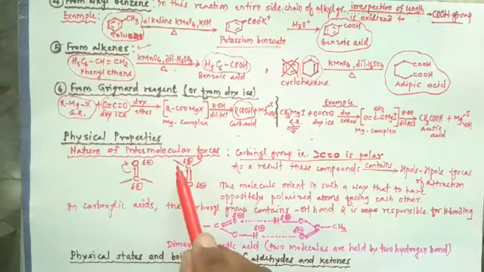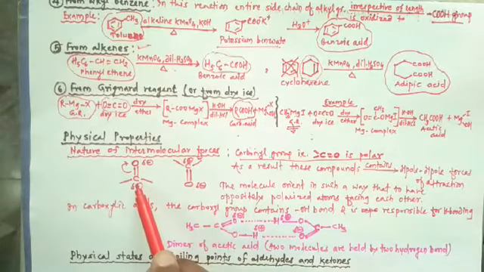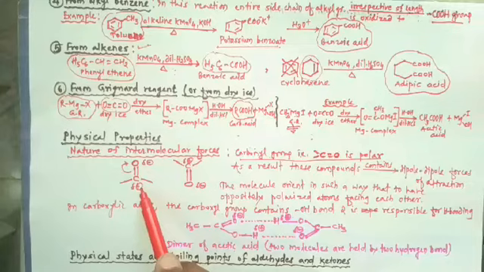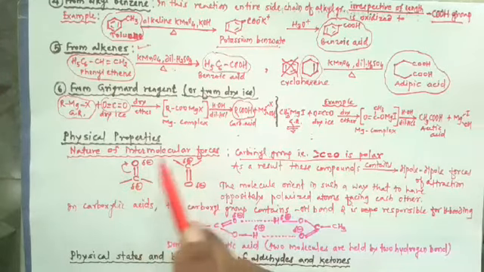In this way the molecules are oriented. Here there is a partial positive charge, and in another molecule here there is a partial negative charge. Thus molecules are oriented in this way.